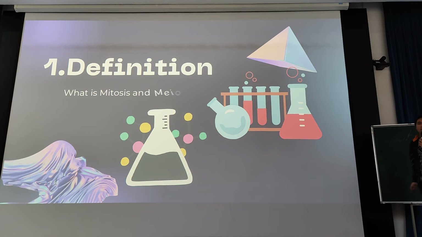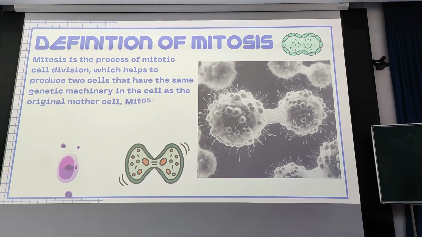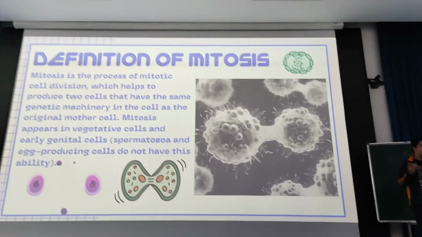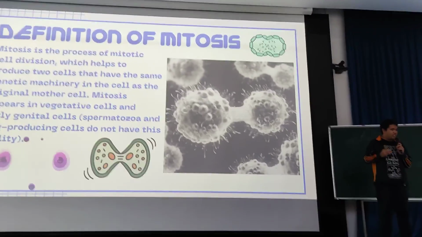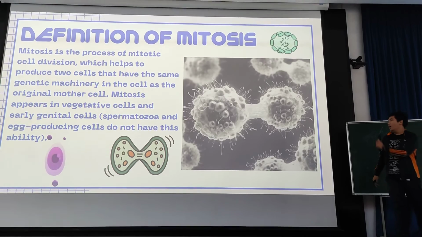First of all, it's about the definition. What is mitosis? As you can see on the slides, mitosis is the process of cell division which produces two cells that have the same genetic material and machinery as the original mother cell.